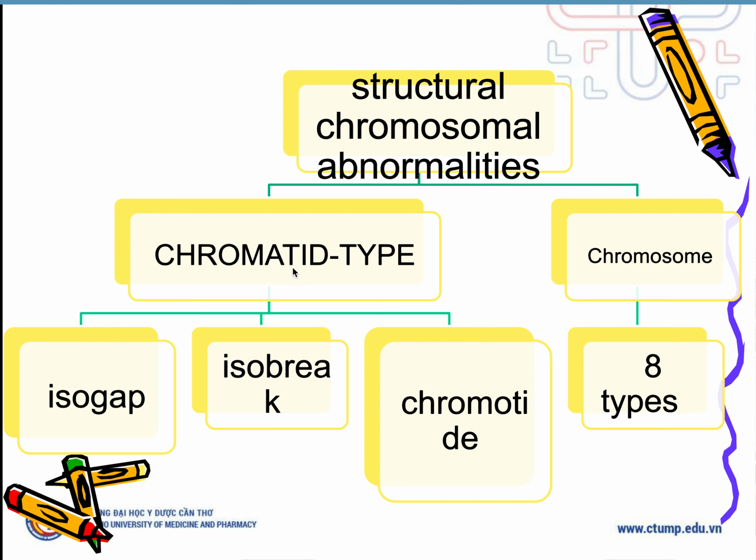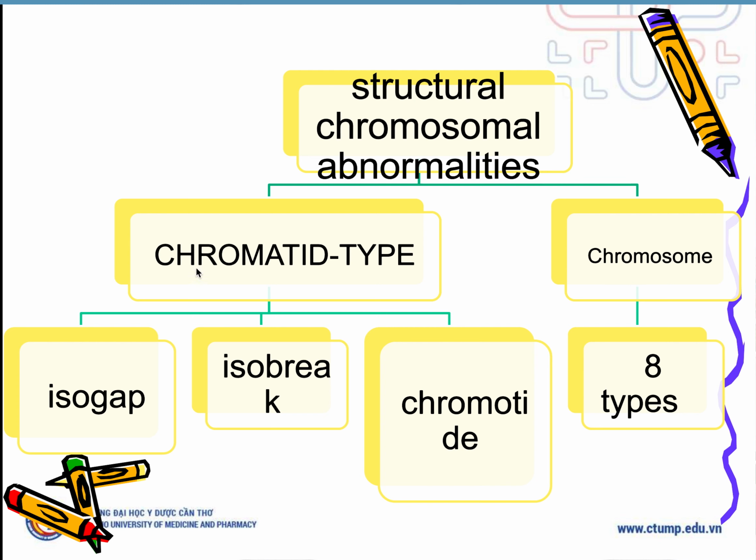For the other group, which can affect both unduplicated and duplicated chromosomes throughout the cell cycle, we call it the chromosome type.